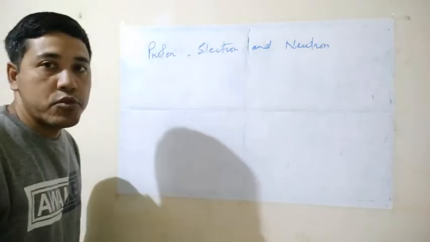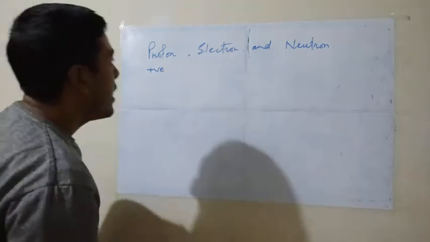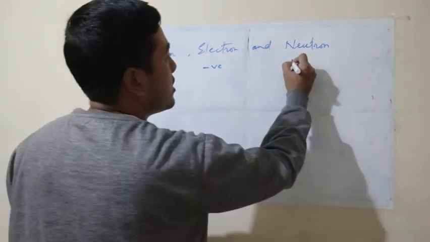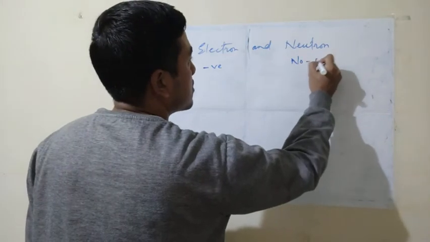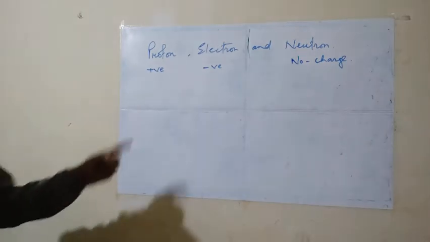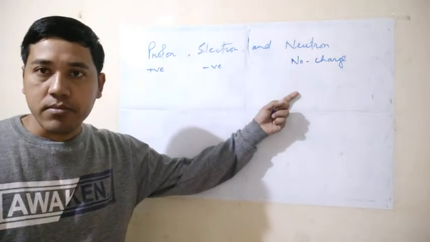Proton is known as the positively charged particle. Electron is the negatively charged particle, but in neutron there is no charge. We already studied these three subatomic particles of an atom.